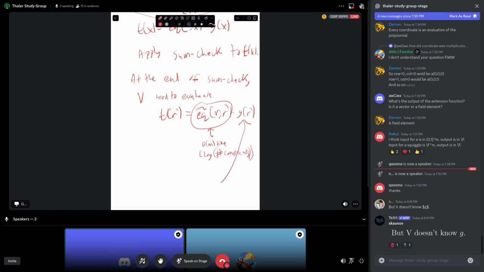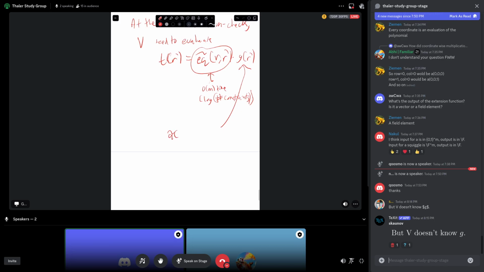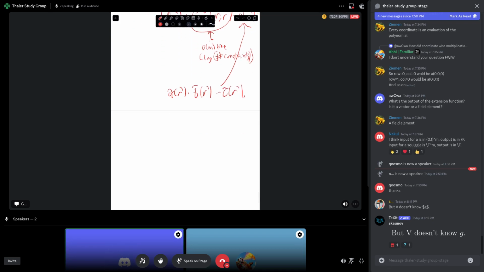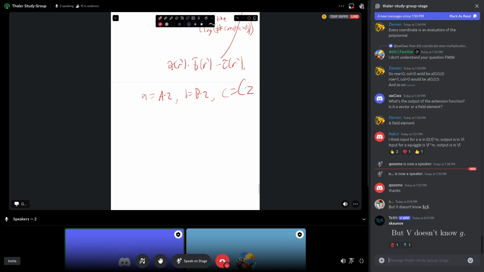But g of r prime is a little annoying. That requires getting A twiddle of r prime, B twiddle of r prime, and C twiddle of r prime. And that is annoying because remember, little a was A times Z, little b was B times Z, and little c was C times Z, and the verifier doesn't know Z. Like in SNARKs, Z would be committed. But no worries.